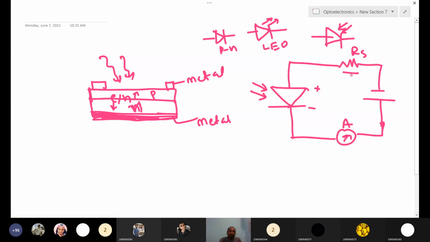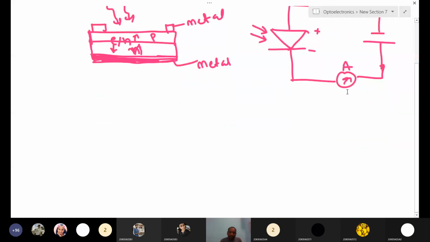After that we will draw the IV characteristics. This is very important, because without IV characteristics you cannot justify the device. You cannot say whether it is working properly or not. First, take voltage on the y-axis and current on the x-axis.